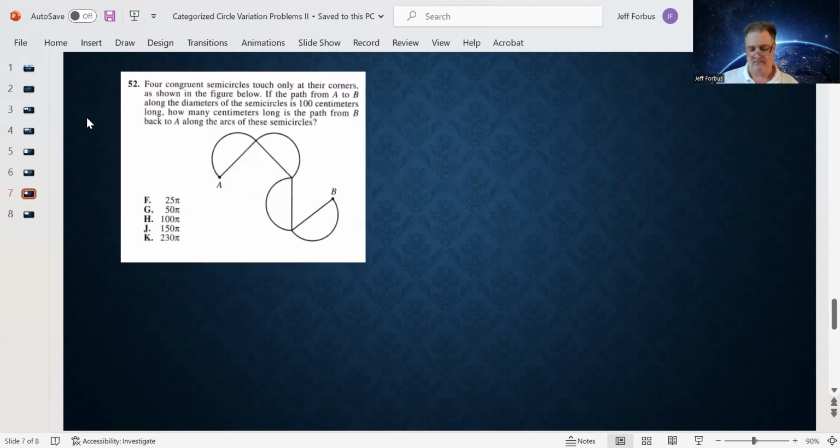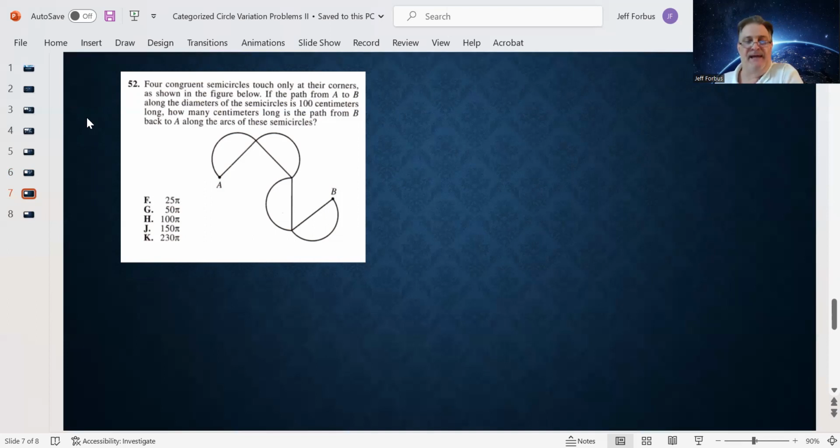Let's move on. So this is an interesting problem. And as soon as you see it, you're probably thinking, what the heck's going on? But if you just take the time, take a deep breath and read it, it gives you enough information to really understand what's going on. So it says 4 congruent semicircles. So congruent means these semicircles are the same, touch only at their corners.